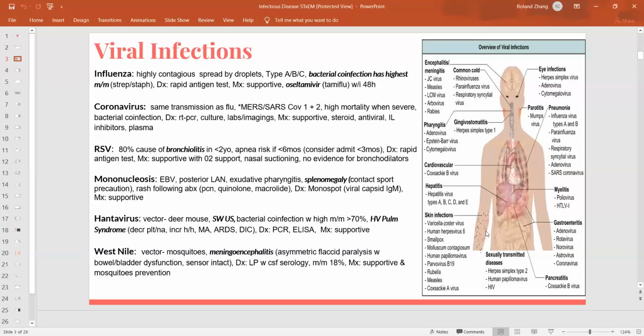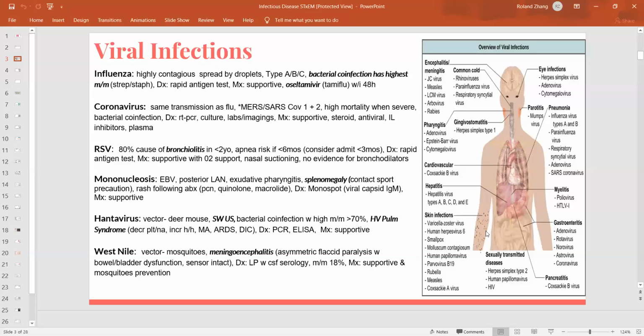The next virus that's also pretty common, and we usually see in pediatrics, is the RSV virus. It causes about 80% of the bronchiolitis that we see. The concern with RSV bronchiolitis is that when a patient is less than 2 years old, it can cause apnea, particularly if they're less than 6 months old.